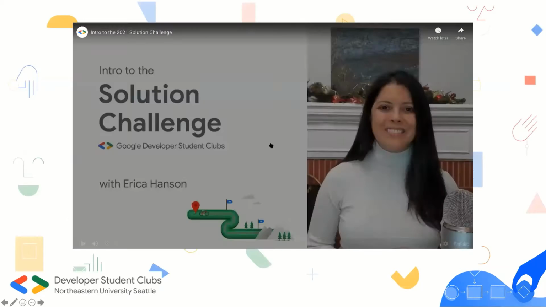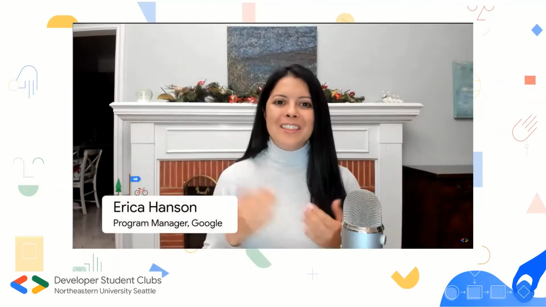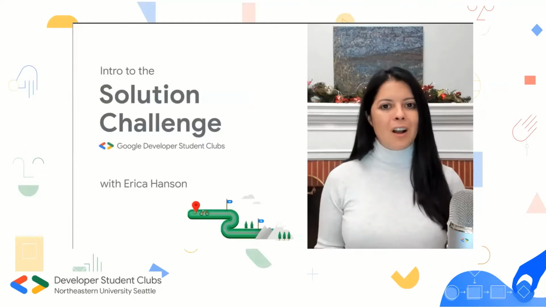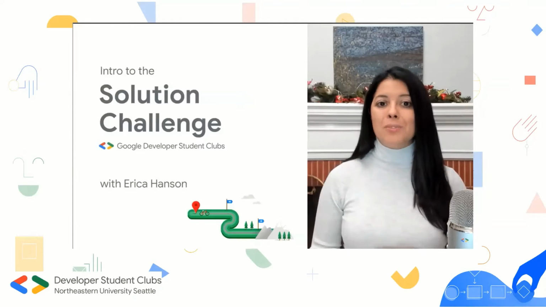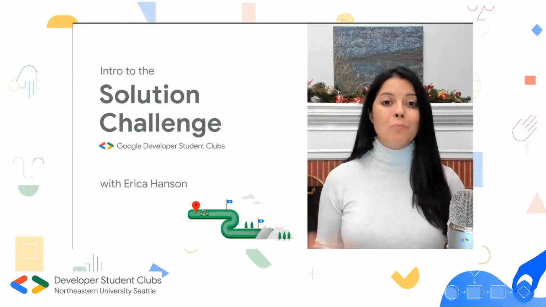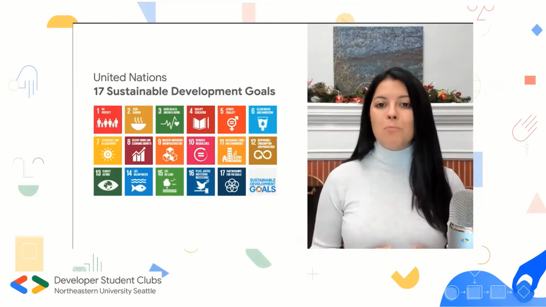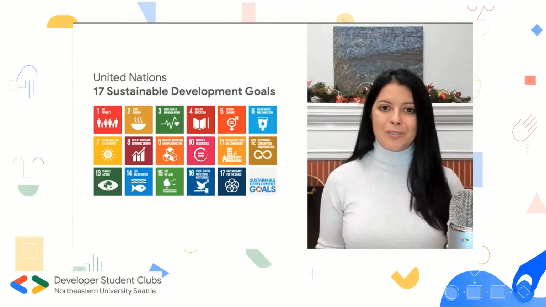Yes. Hi everyone, I'm Erica Hansen, and in this video, I will give you an overview of the steps and timeline for the Google Developer Student Club's 2021 Solution Challenge. The Solution Challenge is an annual contest that invites students to develop solutions utilizing one or more Google technologies. This year's mission is for students to solve for one or more of the United Nations 17 Sustainable Development Goals.